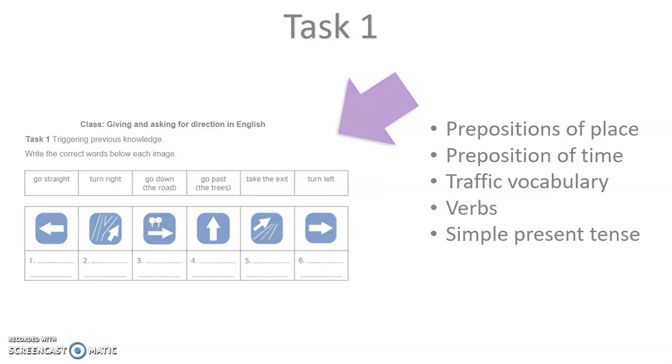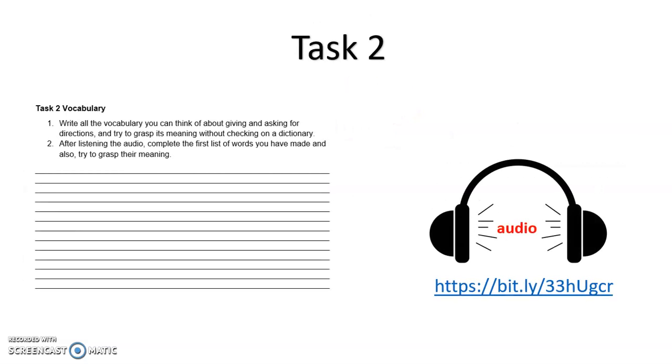After you finish, you pass to task number 2. Task number 2 is divided into parts. Part number 1, you need to remember or to recall from memory every single piece of vocabulary that is related to the topic, whether you know the exact meaning or not.